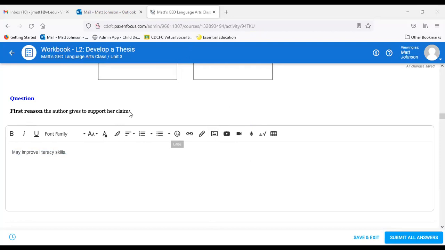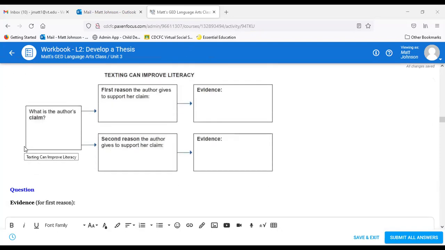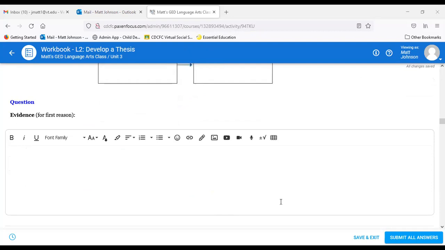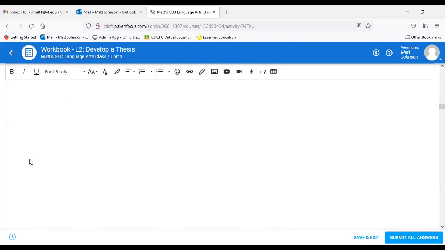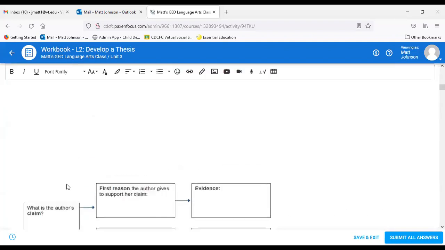Then we know it's coming now, evidence. So what is the evidence for that claim? The more exposure you have to the written word, the more literate you become. There you go. So I think it was Dr. Beverly Plester, something like that. So we'll go ahead and include her name. Beverly Plester says, quote, and I want to see if I can copy and paste that, see what happens here.